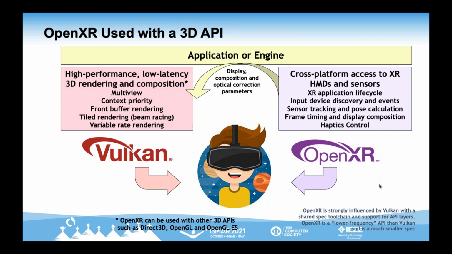Now, OpenXR works in combination with a 3D API, any 3D API, including another one defined in the Khronos Group, and that is the Vulkan specification. So OpenXR can also use other 3D APIs like Direct3D or OpenGL or OpenGL ES. But where Vulkan is available, the applications will get the most speed and the best performance available.